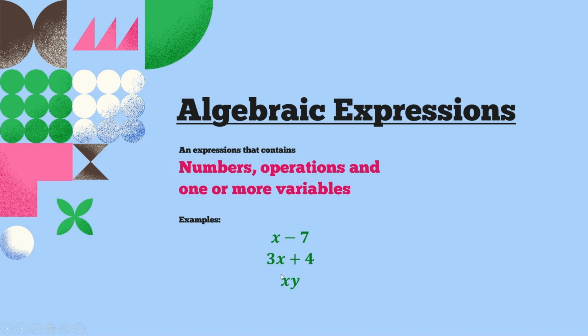So there is a multiplication operation. And in this xy, it means x multiplied by y. So the operation is multiplication. And variables, of course, we've got x and y.